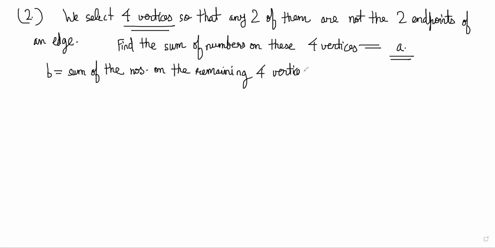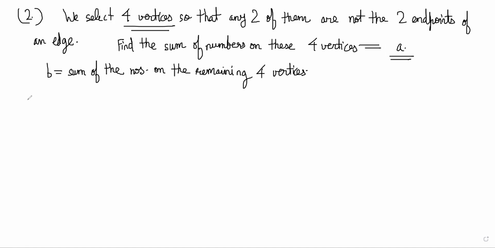So we have selected the 4 vertices, any two of which are not the vertices of a single edge, and we have summed up the numbers on those vertices. We call it A. And we call B the sum of the numbers on the remaining 4 vertices.